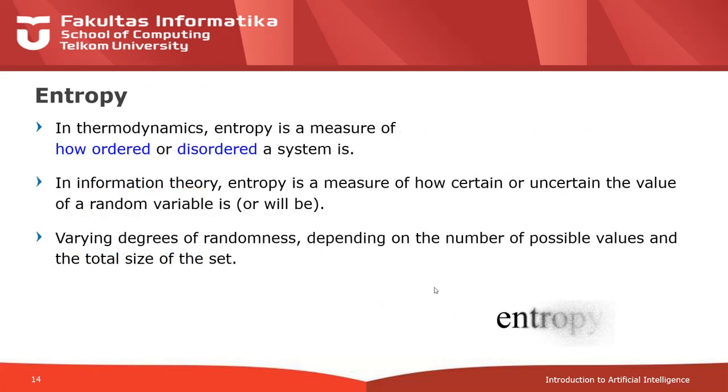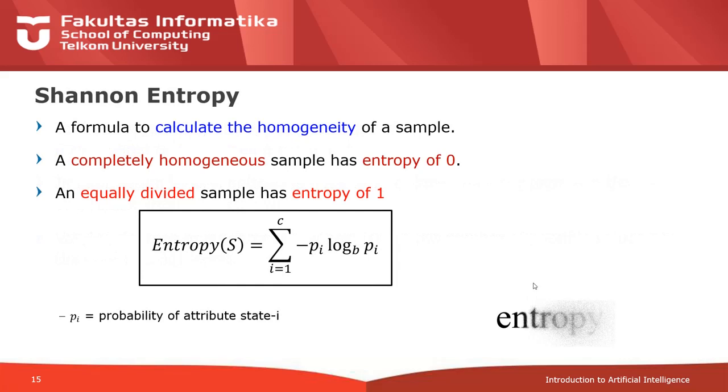So we will start with entropy. This goes back to the entropy of thermodynamics, which is about how ordered or disordered something is. How about Shannon entropy? Applied to information theory, Shannon entropy calculates the homogeneity of a sample.